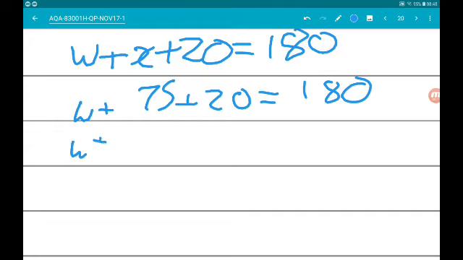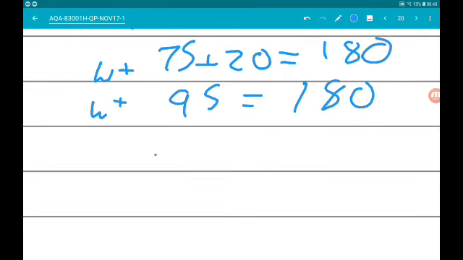So W add 95 is 180. Take the 95 away, W is 85 degrees. Cool.